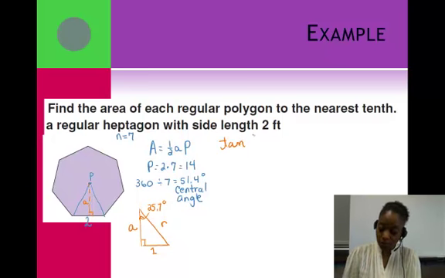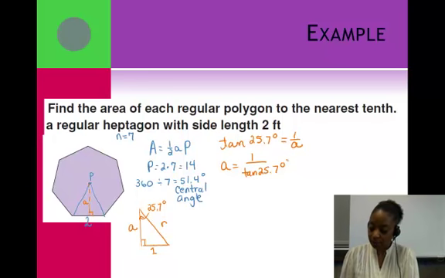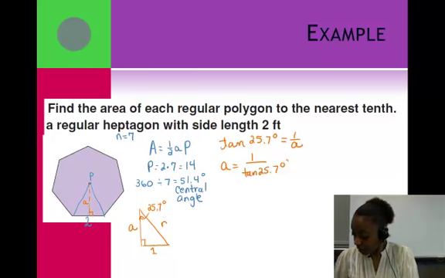So I'm going to do the tangent of 25.7 degrees is equal to 1 over A. So I would get A is equal to 1 divided by tan of 25.7 degrees. So 1 divided by the tangent of 25.7.